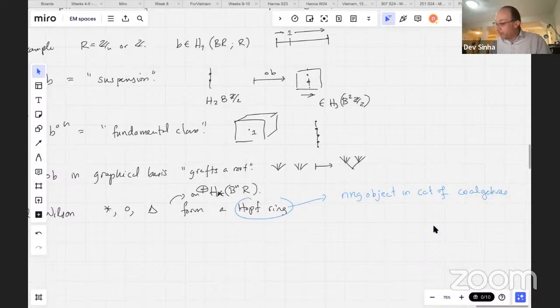And what that means is that you have two multiplications and a co-multiplication, and each multiplication with the co-multiplication are bialgebras.